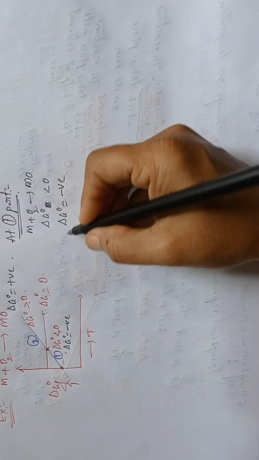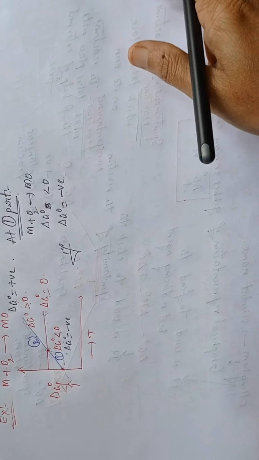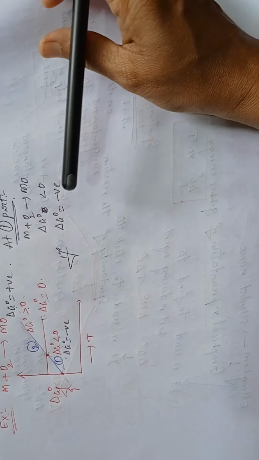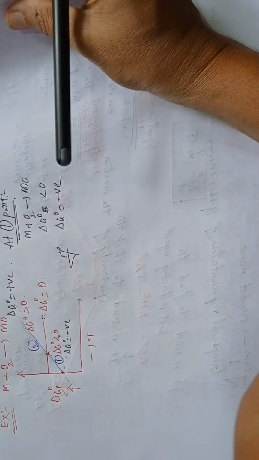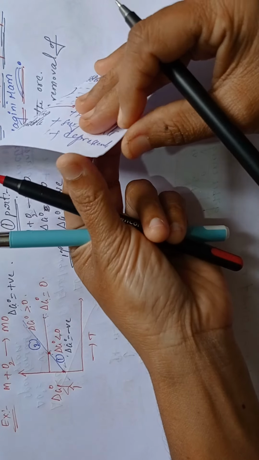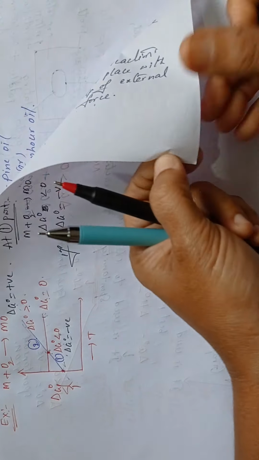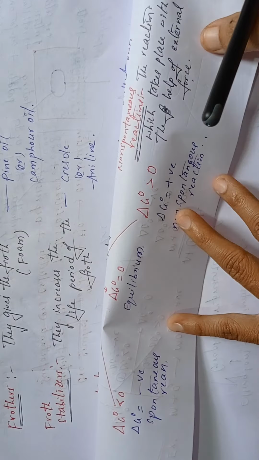So if delta G naught is negative, what is the reaction? Negative means spontaneous reaction.